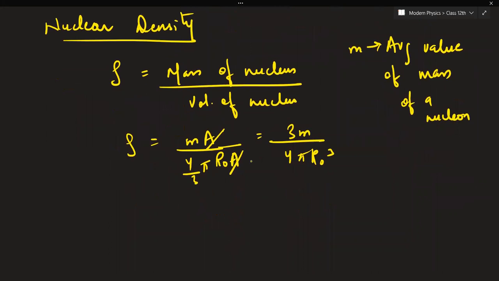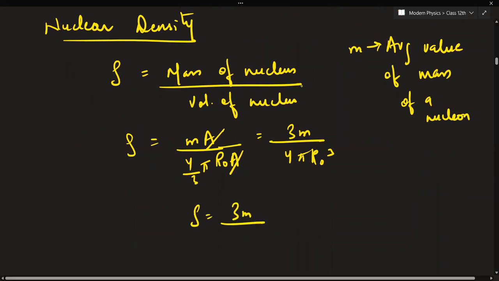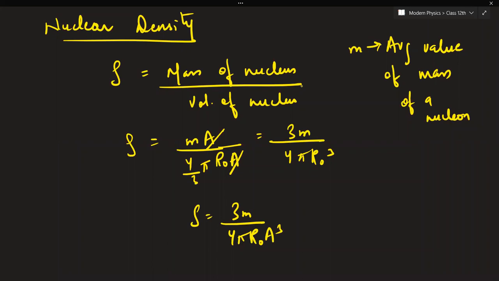Salman, can you try? Density is 3m by 4 pi r naught cube. Do we anywhere see A?